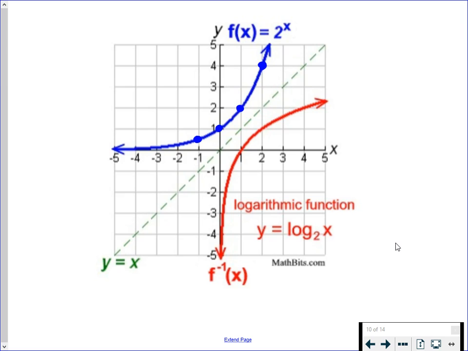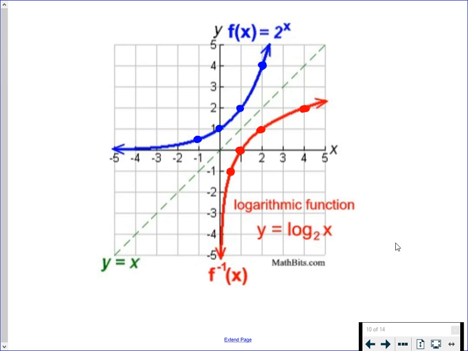If this was 0, 1, I now have 1, 0. I have 2, 1, and 4, 2, and 1/2, -1. See how those reflect over.